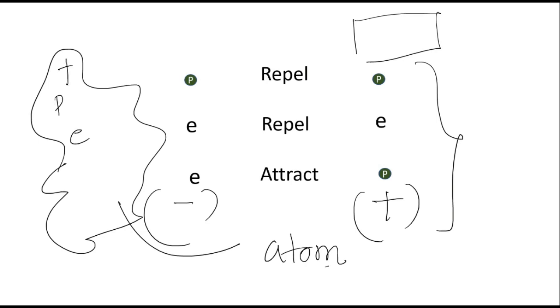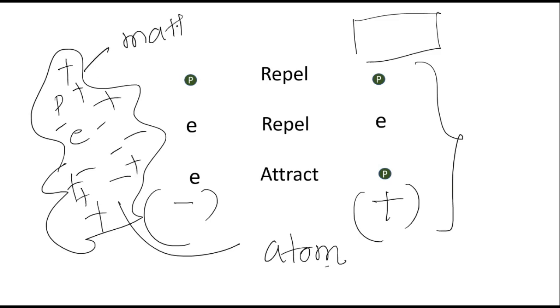That means this has positive and negative charges, right? And they will be equal in number. And so matter is always neutral. But it is not always true. Matter need not be neutral, and why it need not be neutral we shall see in the next video tutorial. Thank you.